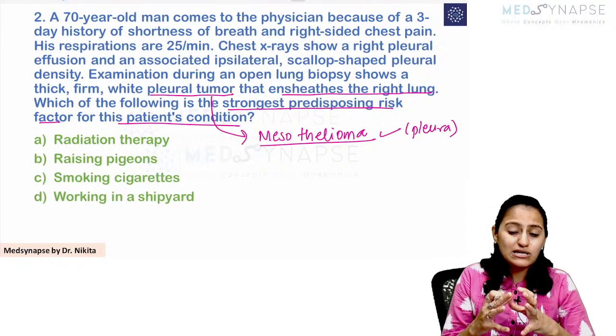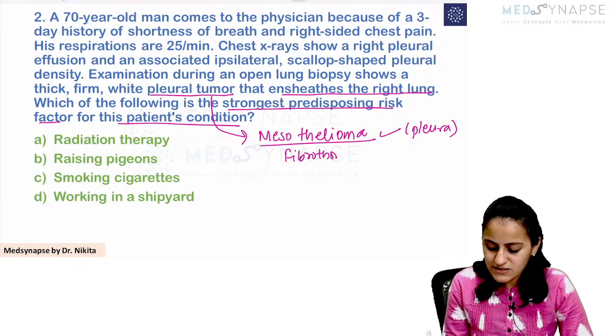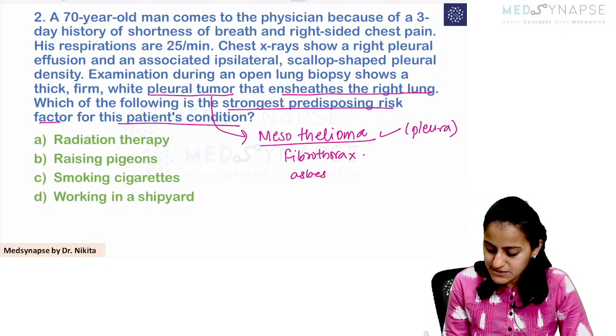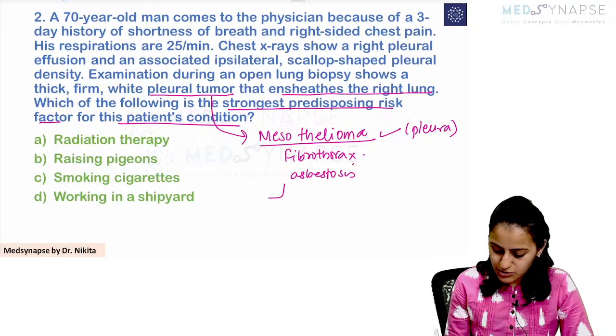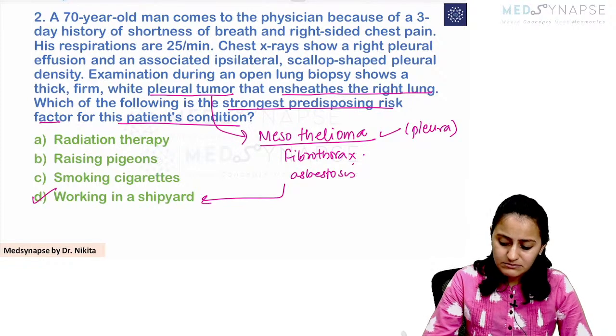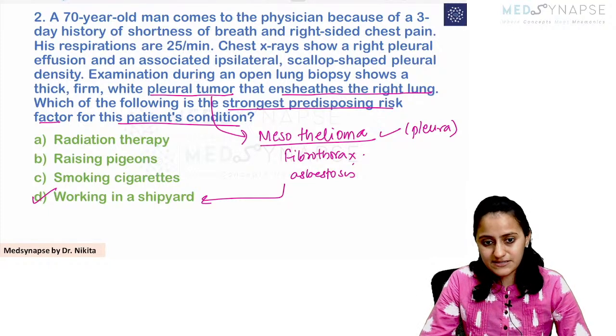So, this is a mesothelioma which encases the lung without causing the mediastinal shift, called fibrothorax, associated with asbestosis, and asbestosis is associated with working in a shipyard. That is why the answer here is this.